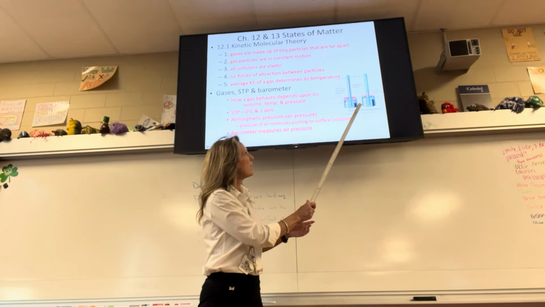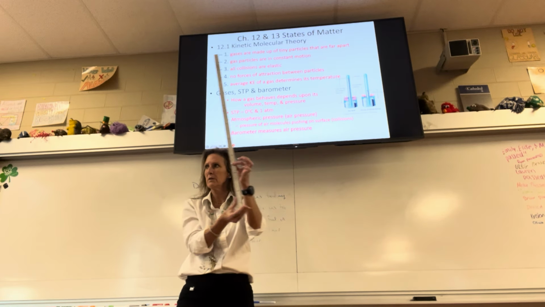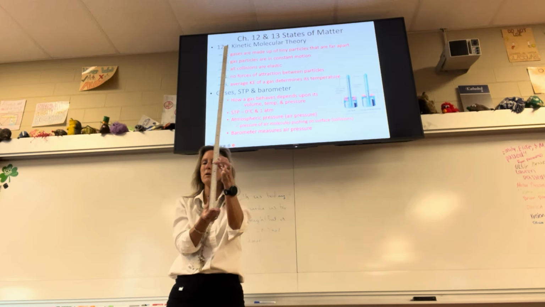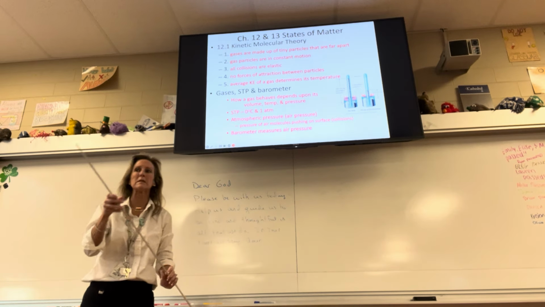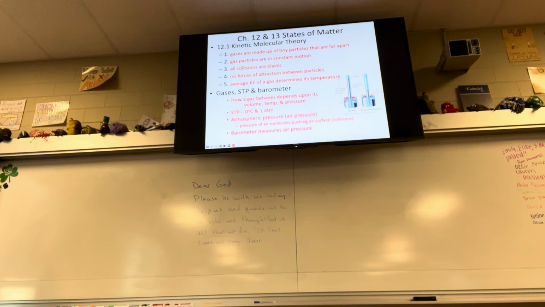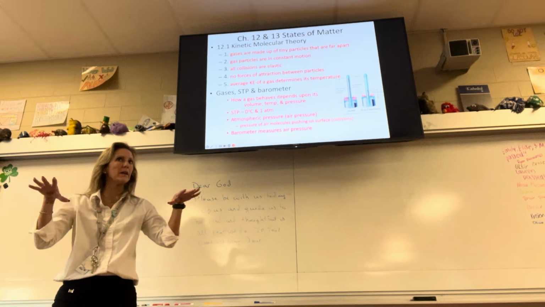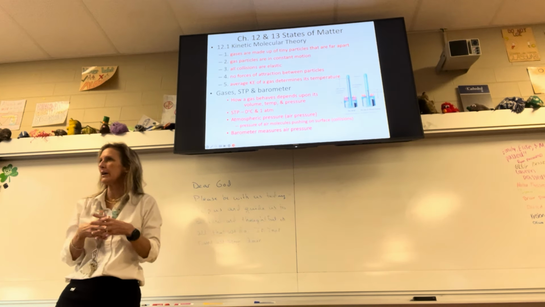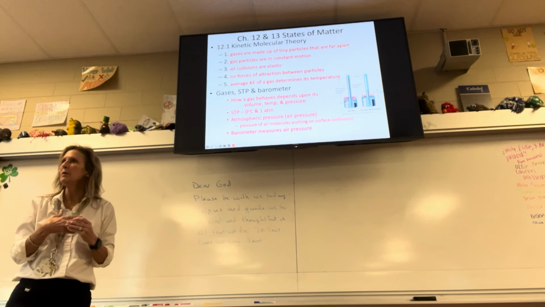Up on Mount Everest, it only goes up to about right here, so 253 millimeters of mercury. That's why people who climb mountains need oxygen tanks as they get higher up, above a certain level. They have to have oxygen because there's so little air, and the air pressure is much lower.